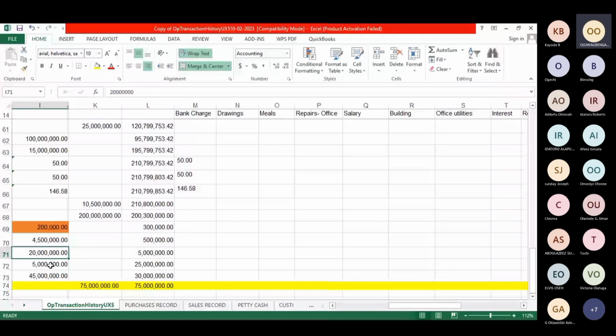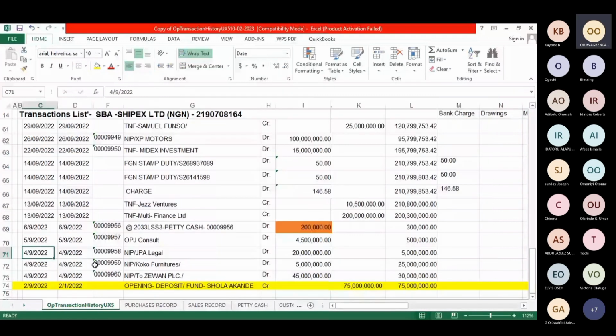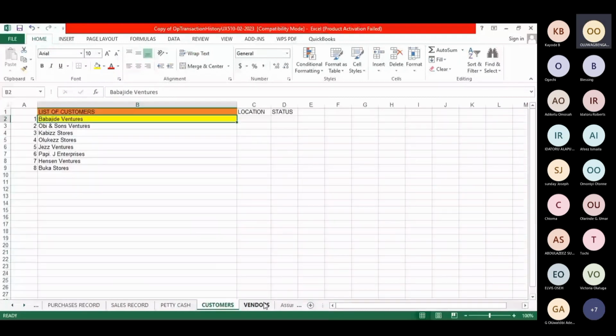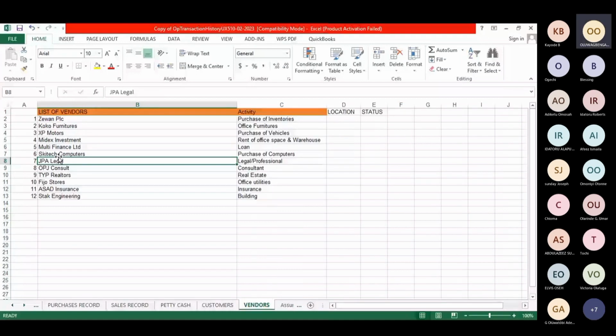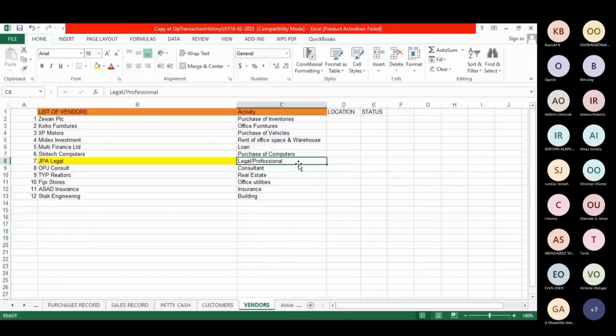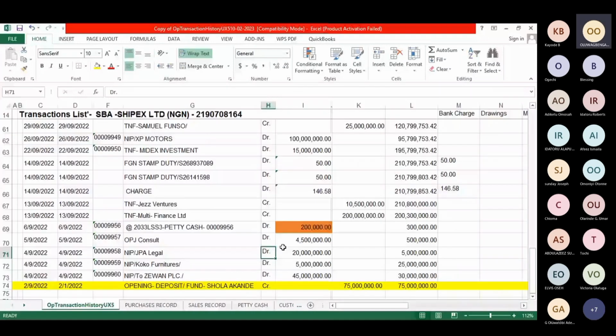Then JPA legal. If I go to my vendor list, what does JPA legal relate to? If I come here, JPA legal, legal and professional fee. So I'll come here and say, how many years is this for?